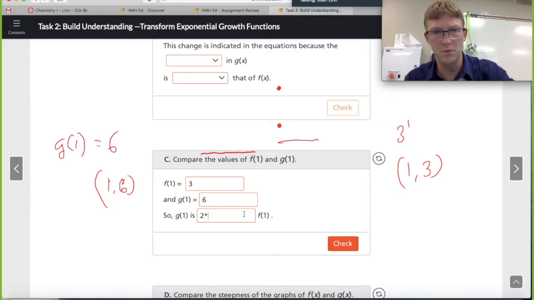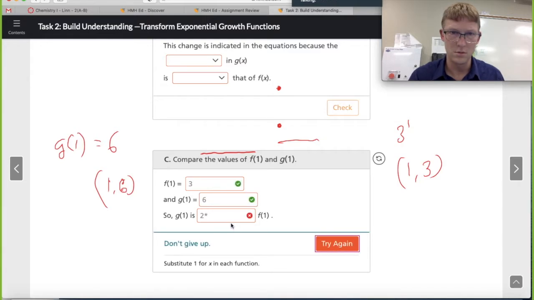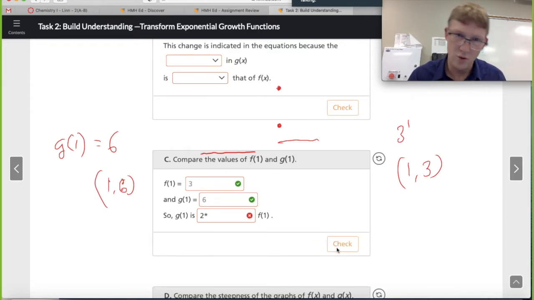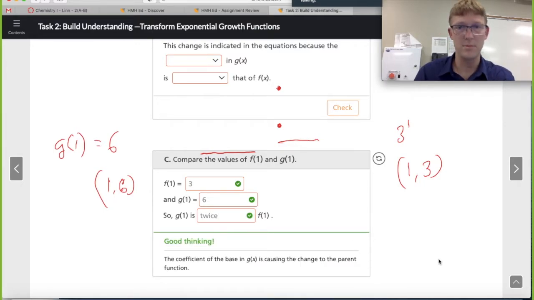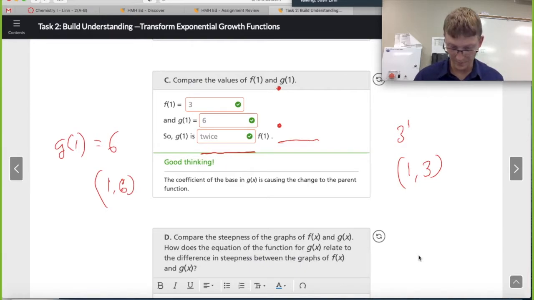I don't know what they're really looking for here. Try again. Let's see if I said put an x there. So g of 1 is... there you go. So they're looking for twice.